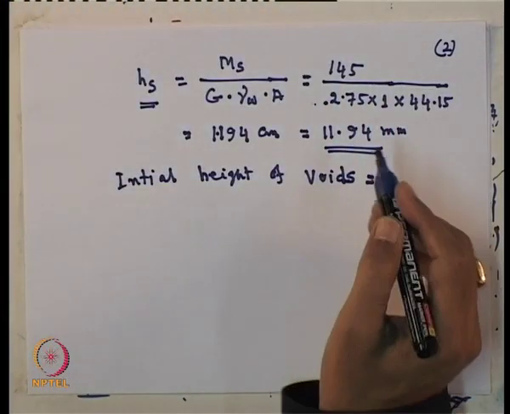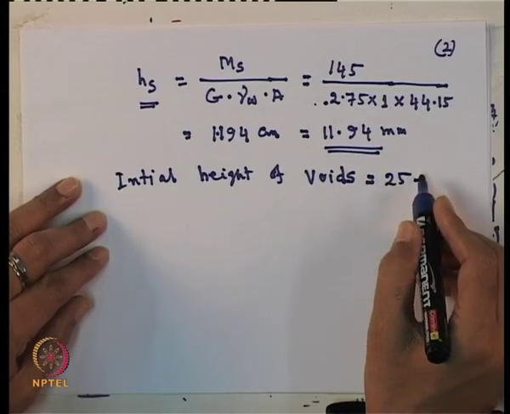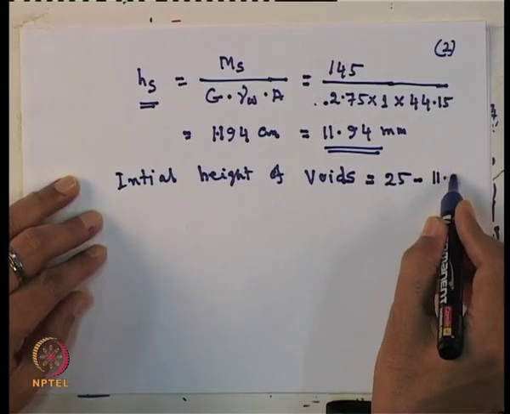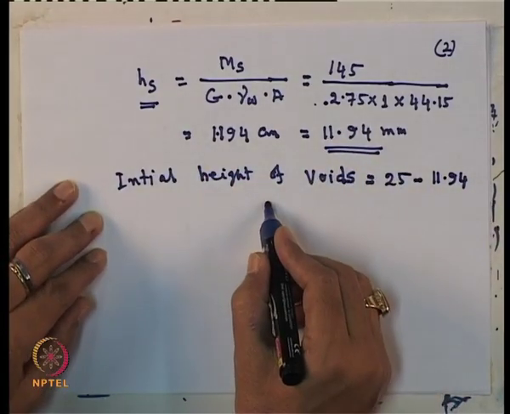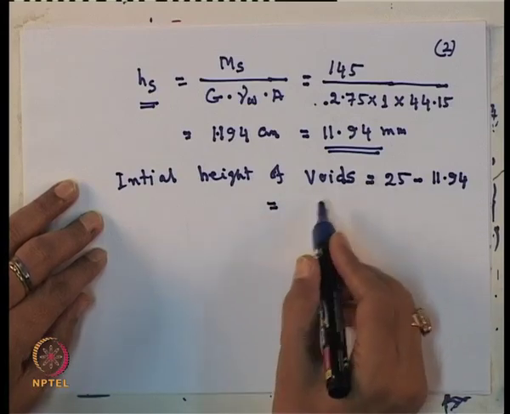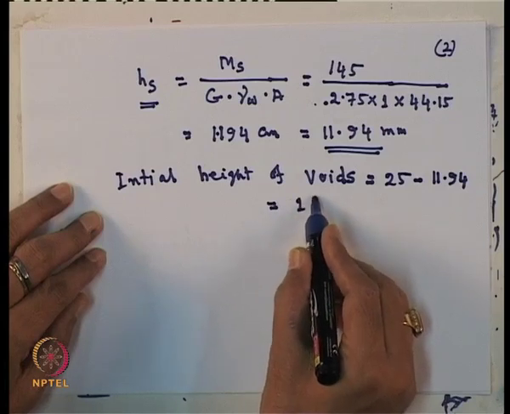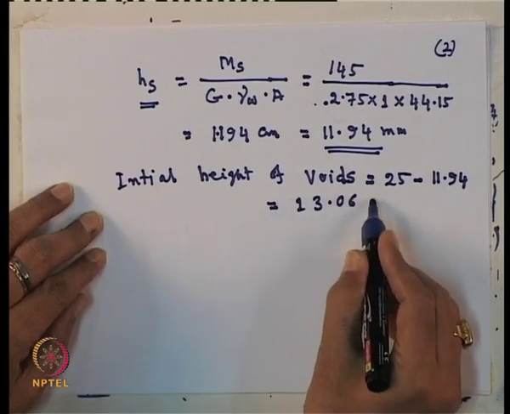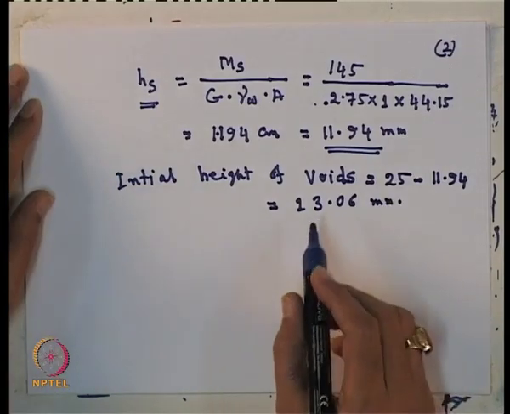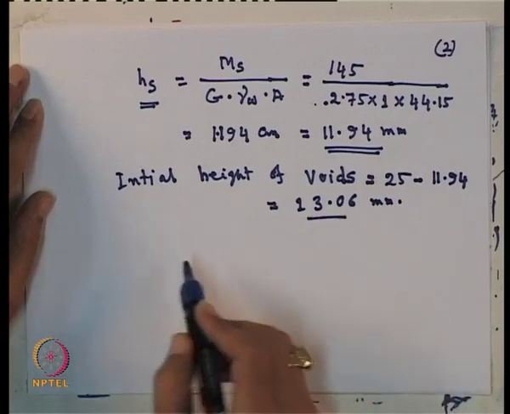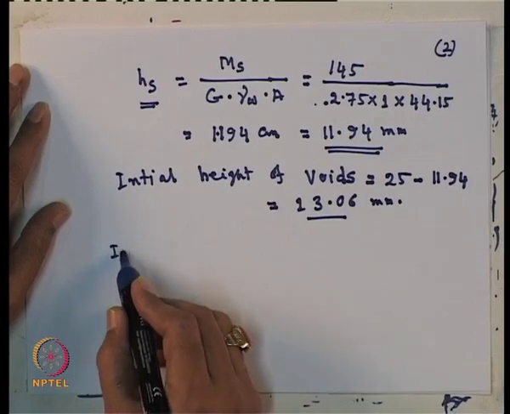So, the initial height of the void is 25 millimeter minus 11.94 millimeter, which is the height of the solid. If you subtract, you can have the initial height of the void, that is 13.06 millimeter.